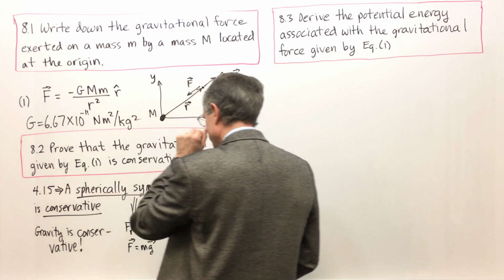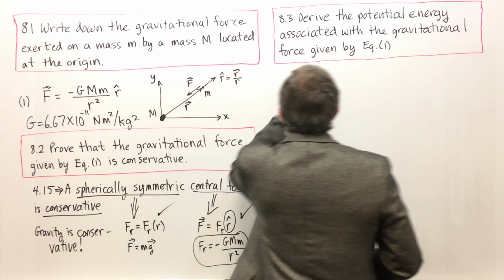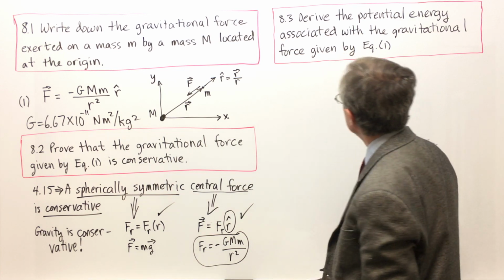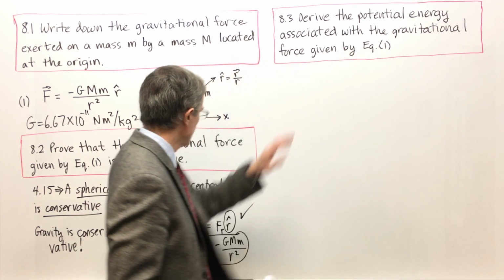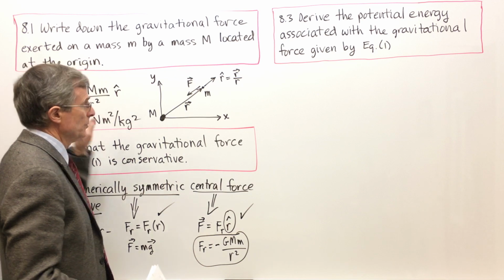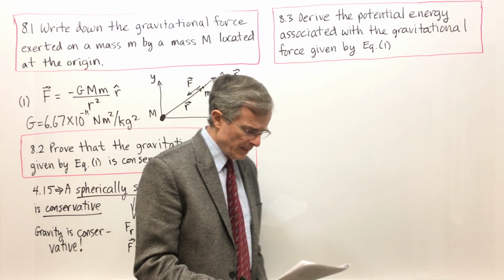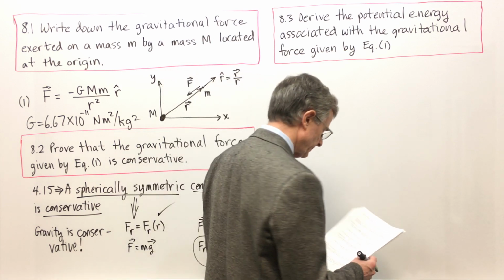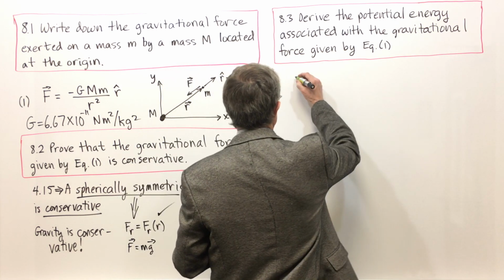where g is pointed in the minus r hat direction. All right, now we want to derive the potential energy associated with the gravitational force given by equation 1. I'm going to do a poor man's derivation of this and write down the potential energy.